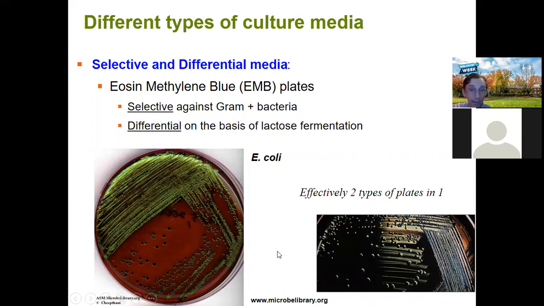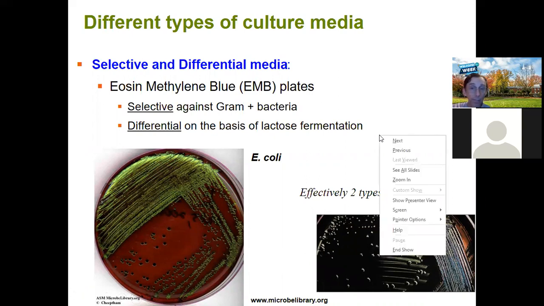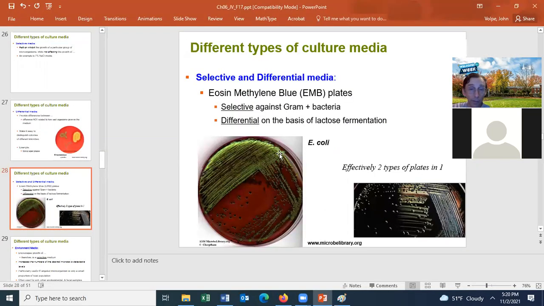And if it's non-lactose fermenting, the colonies will look whitish. Any question about that? So only the gram negatives will grow on this. And if it is differential, it will ferment the sugar lactose and look black or greenish.